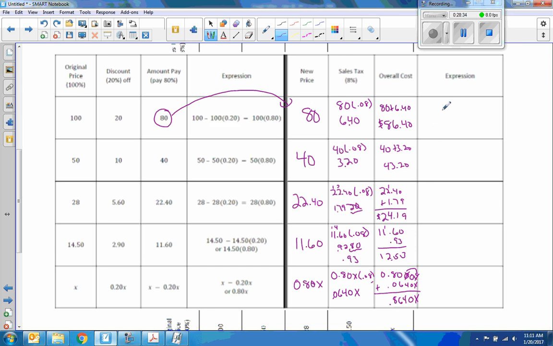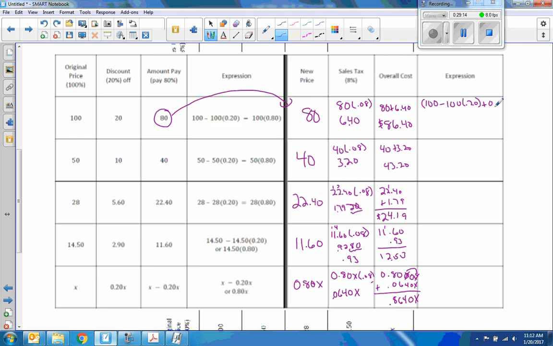And the expression, it was just the distributive property. I'm going to do one, but I'm not going to do every separate. So what we're going to do is we're going to take our original price, $100, minus our discount, which is this here, plus 0.08x, the tax, x there.